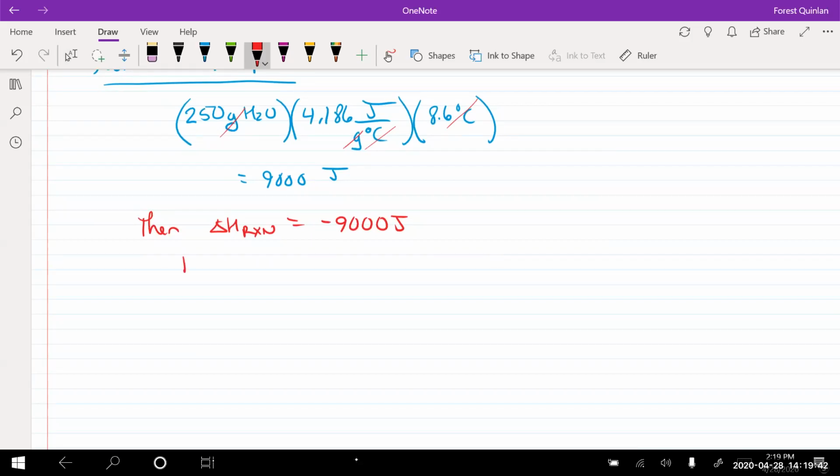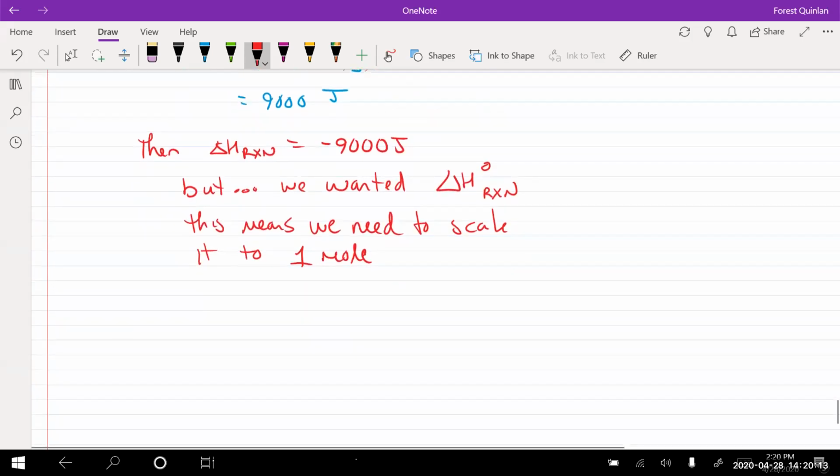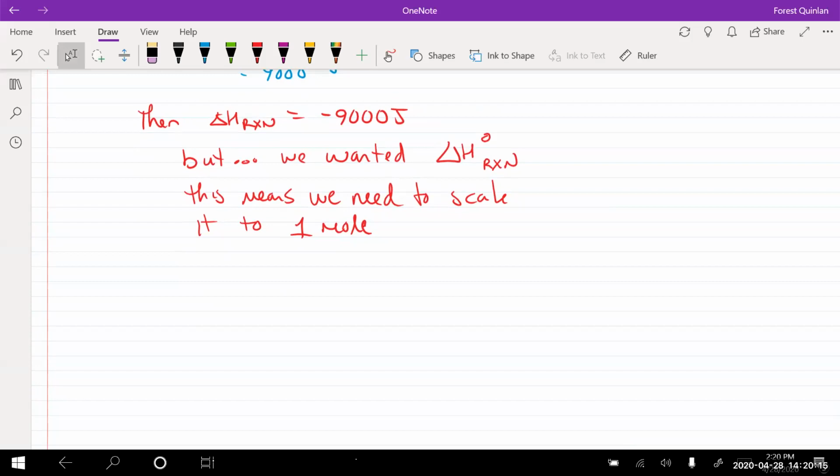But we wanted delta H naught. We want to know how much that is. So this means we need to scale it to 1 mole, because these are all written in kilojoules per mole.